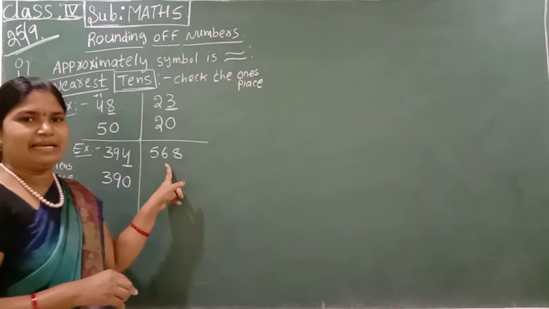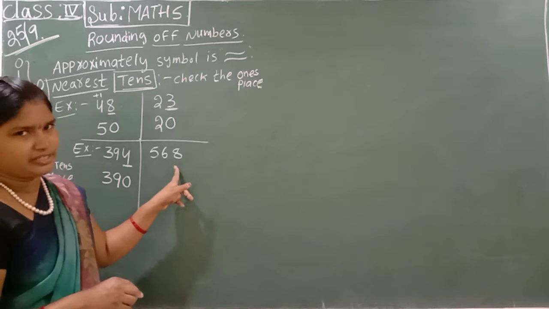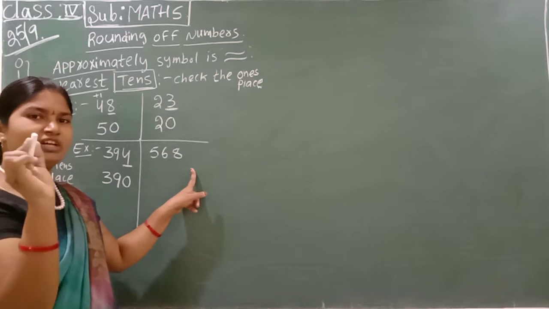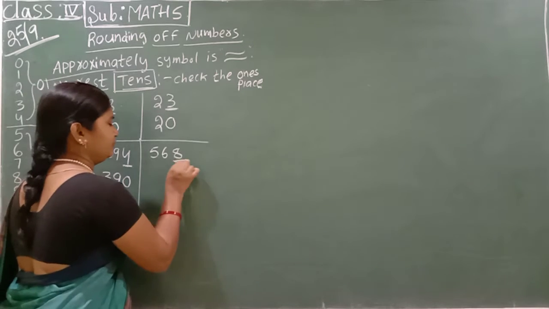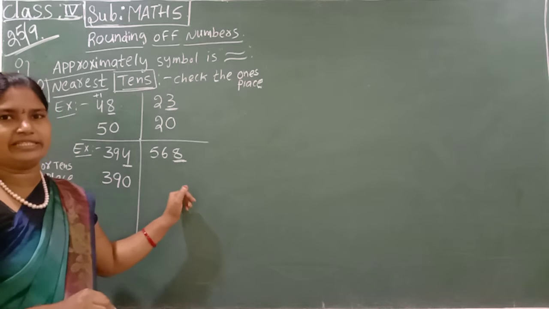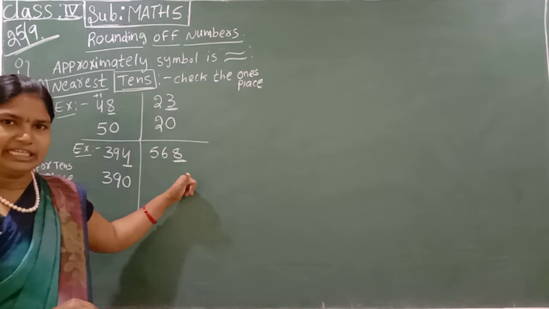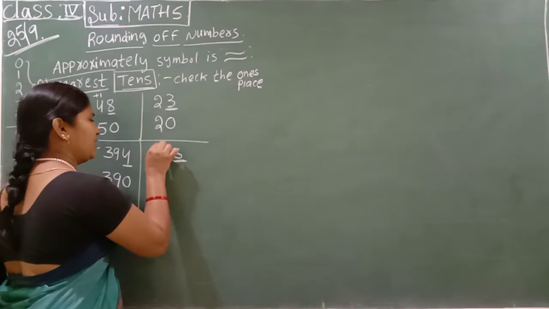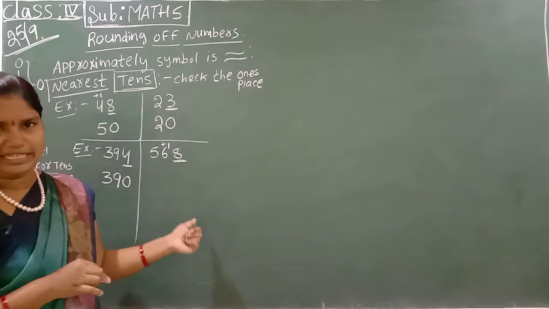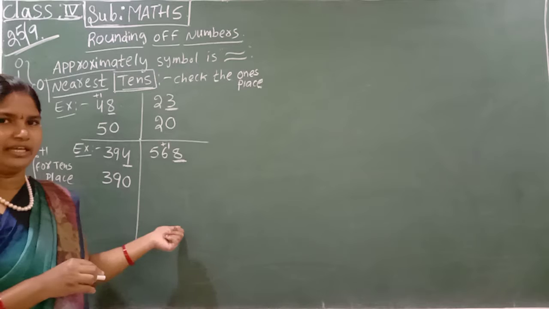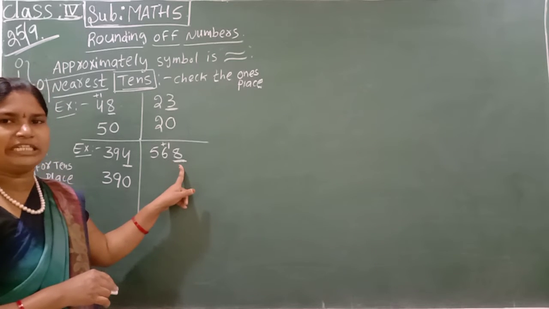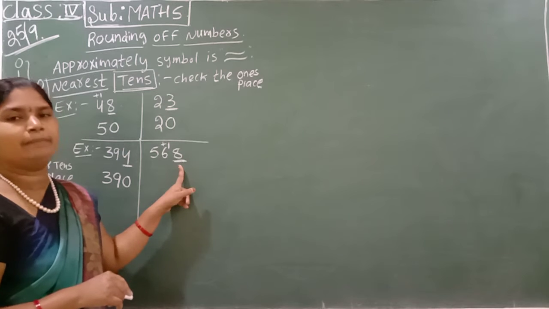Now, next example, I took 568. Here also you have to check only the ones place. If it is greater than 5, add 1 to the tens place. Comparing 8 to 5, is it a big number or small number?